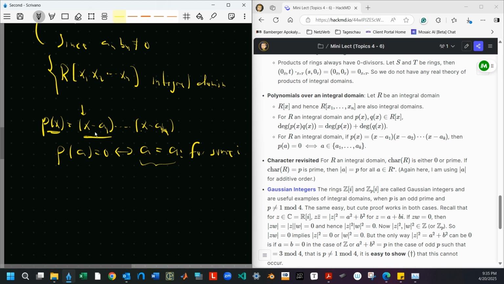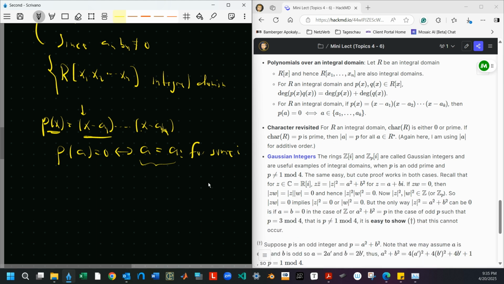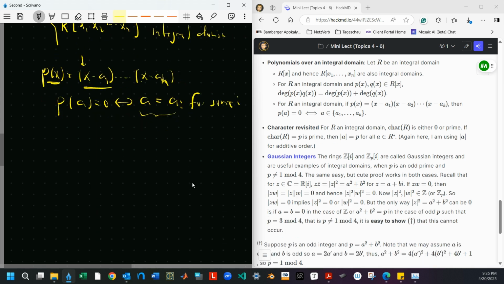Again, when we get to fields, we'll be able to do a lot more than this, because then we can divide and make them have this form. In general, if we're in an integral domain, we can't necessarily factor things into this form. Okay, so that's important.